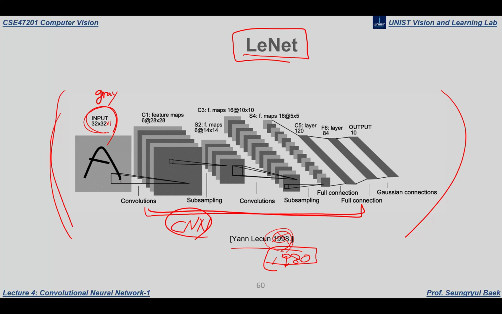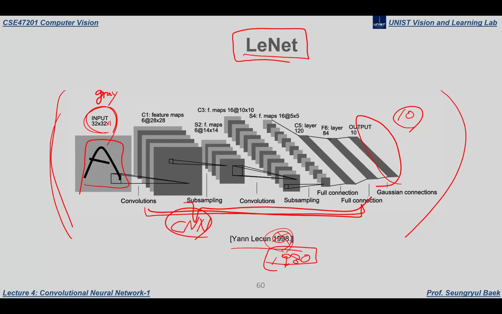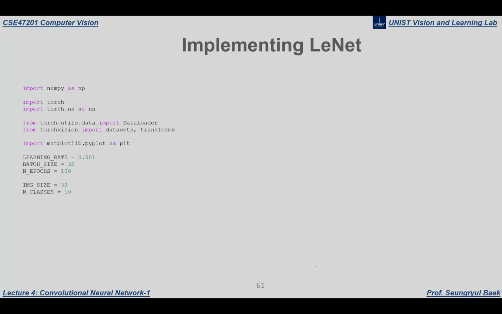Okay, so 32 by 32 by 1 dimensional images are inputted, and at the end, you want to estimate a 10 dimensional vector, which denotes the probability for 10 digits. Okay, so even though here the figures have alphabet letters, we want to classify digits. Okay, so this is the CNN architecture, which is similar to what we have learned, but I will detail that.